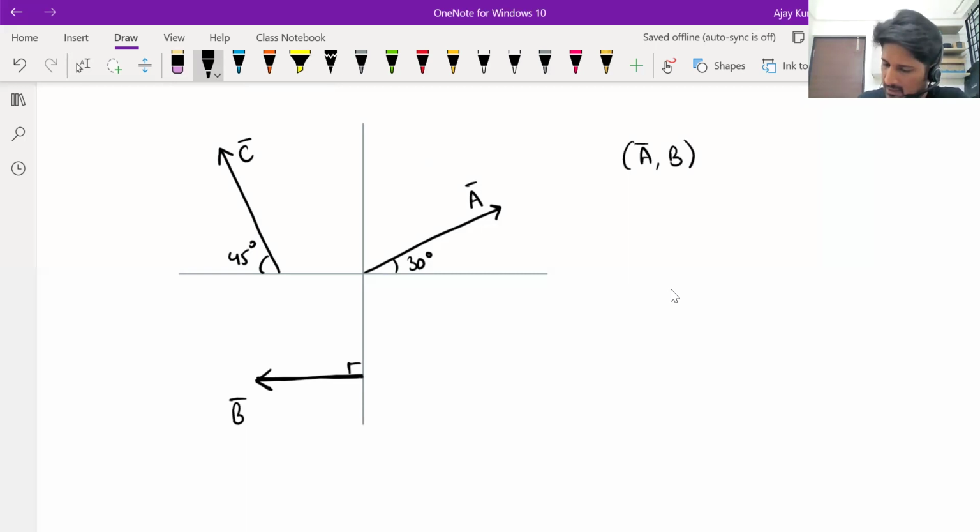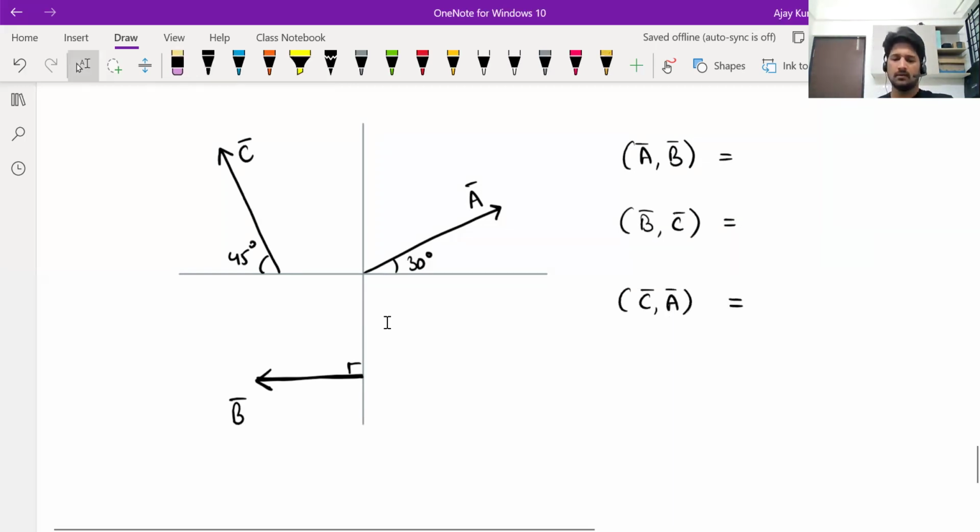Calculate the angle between A and B vectors, angle between B vector and C vector, and also the angle between C vector and A vector. You can draw them with their tails at the same point and then calculate the angle. A little bit of mathematics you'll have to use. Just some geometry, that's all. Type your answers in chat, all three of them at once.